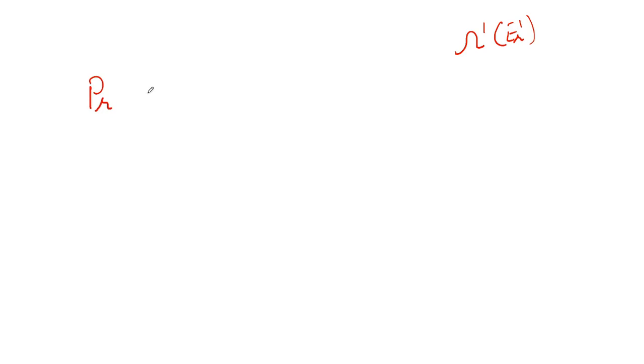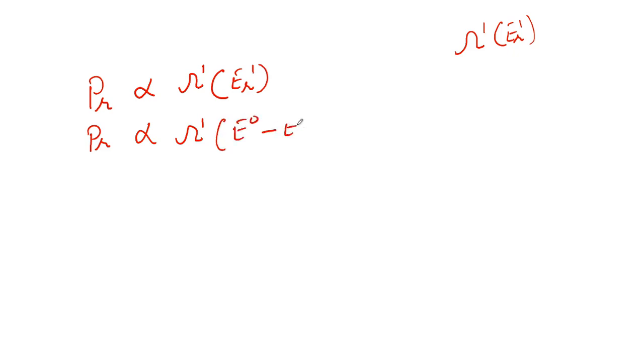PR is directly proportional to omega dash of ER dash, or we can write it as PR directly proportional to omega dash of E naught minus ER.